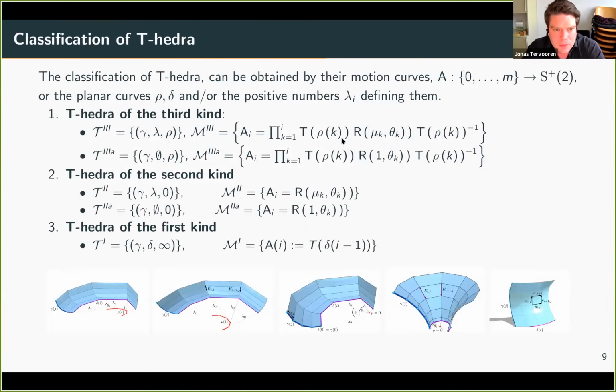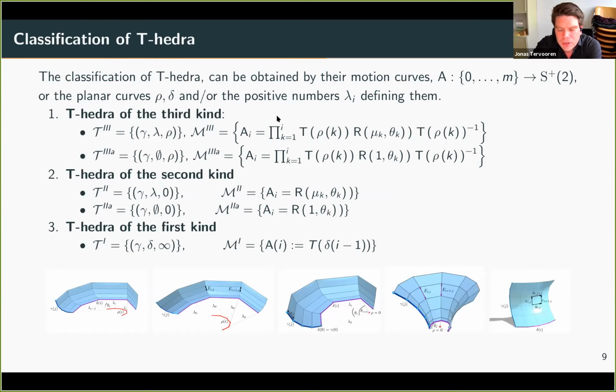Now, after we have seen the construction and the parametrization, we want to come to a classification of these T-hedra. They can either be classified by the motion curve or by the planar curves and the positive numbers defining them. The construction that I've shown you is the construction of a T-hedron of the third kind, which is the most general case.